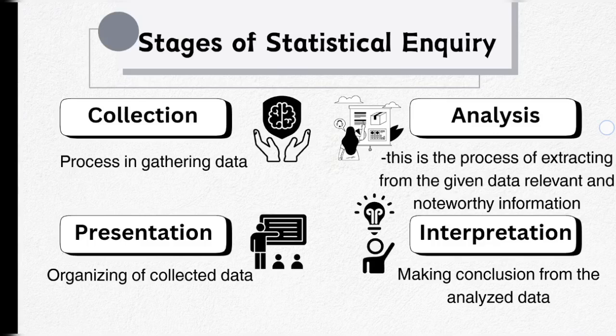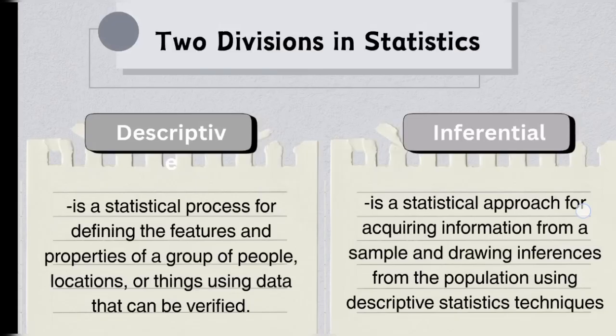So here in interpretation, you take what you've analyzed and explain what it means. For instance, if most people prefer chocolate ice cream, you interpret that chocolate is likely the most popular flavor in your group. So those are the four stages of a statistical inquiry, which are the collection, presentation, analysis, and interpretation.